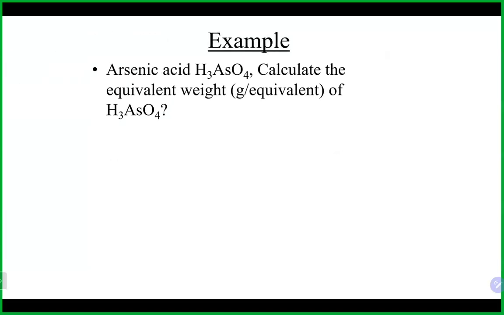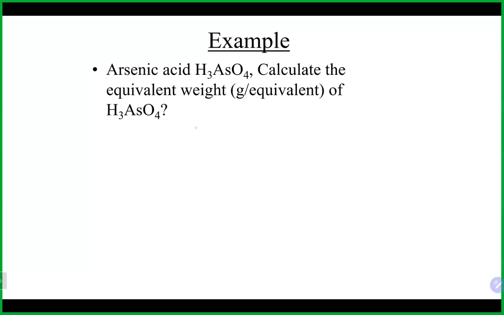So let's take a look at one here and see, for example, if we wanted to calculate the equivalent weight of H3AsO4, how would we go about doing it? Well, frankly, we'd do it by just calculating the molar mass.